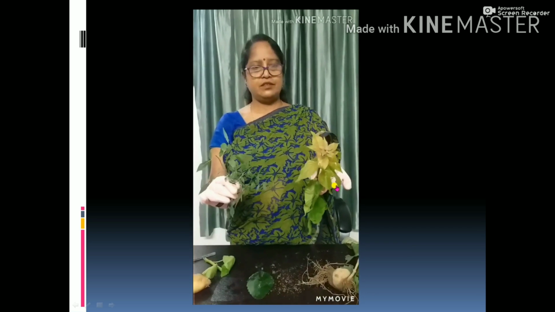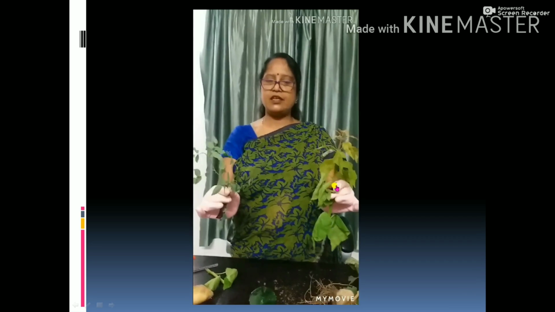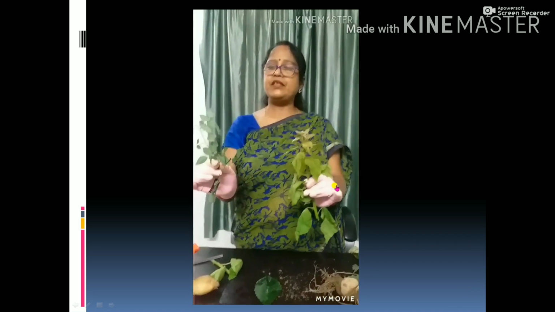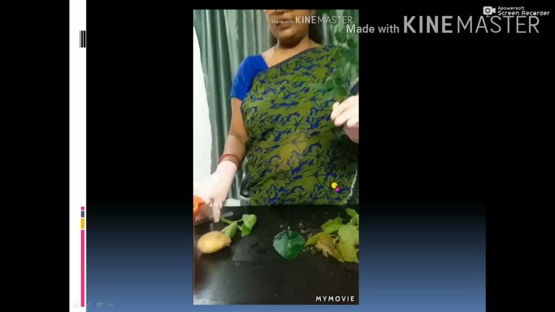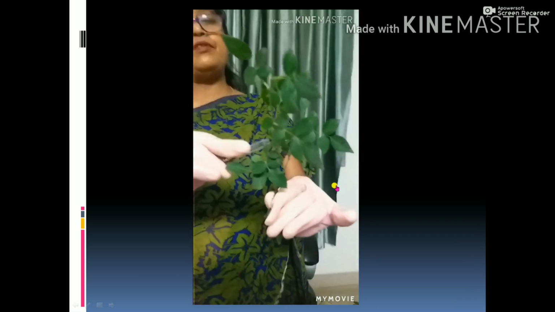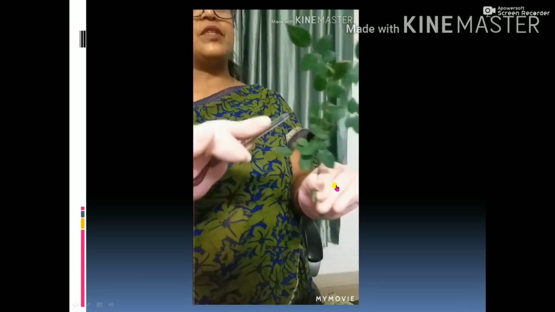You see how the leaves are growing, and always remember that the branches and the leaves always arise from the nodes. This is the main difference by which we can differentiate the root from the stem.